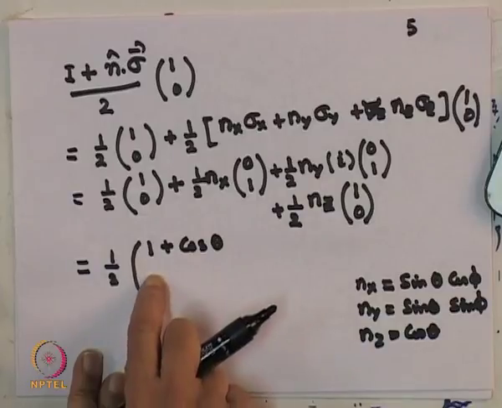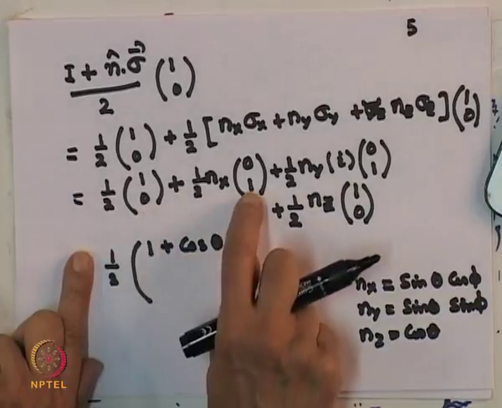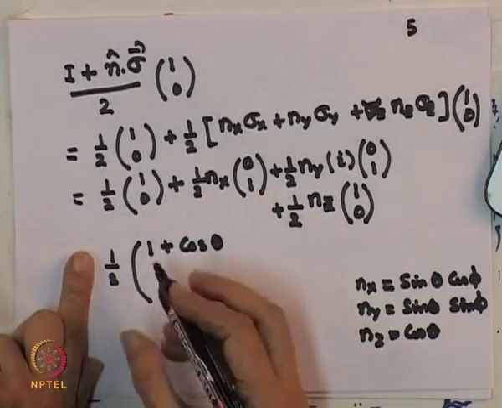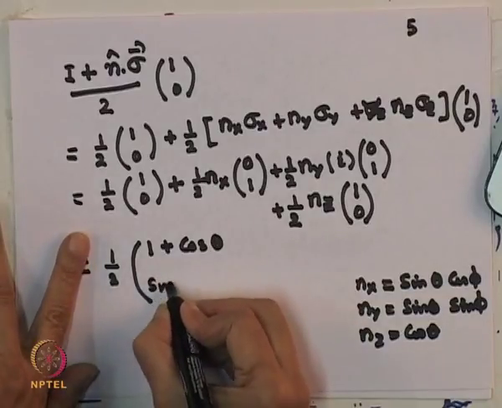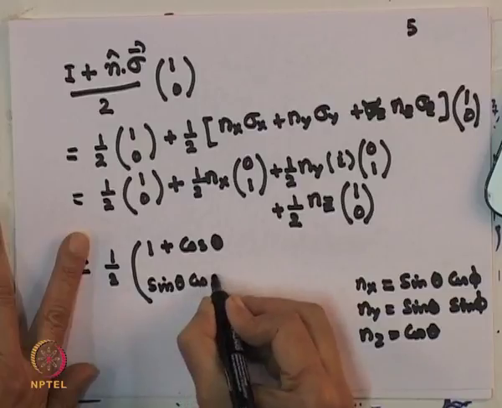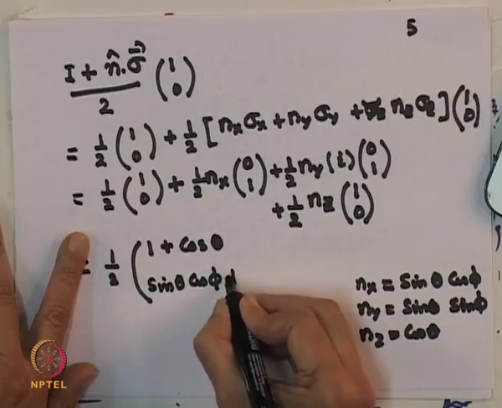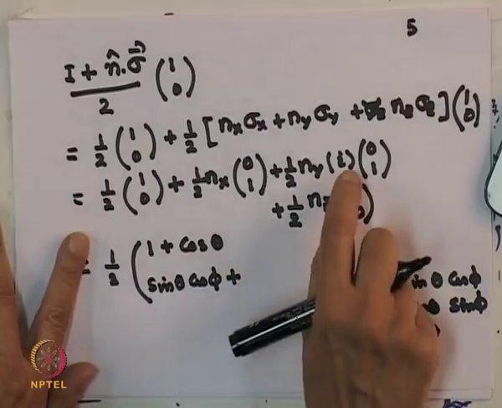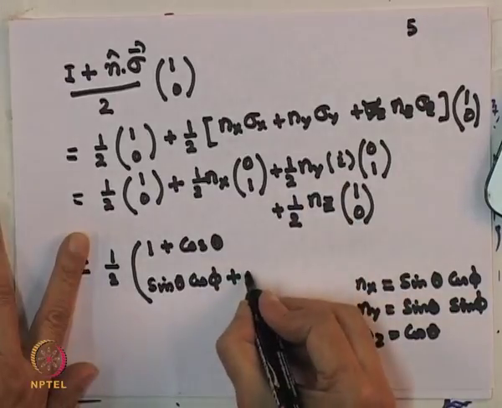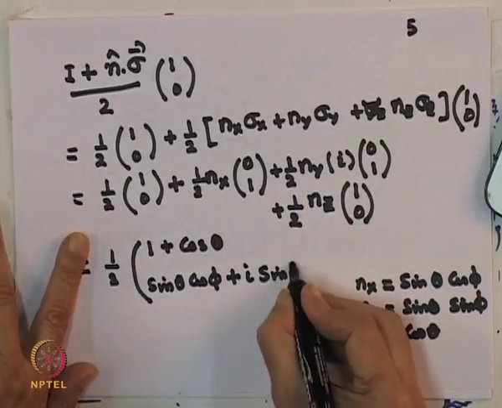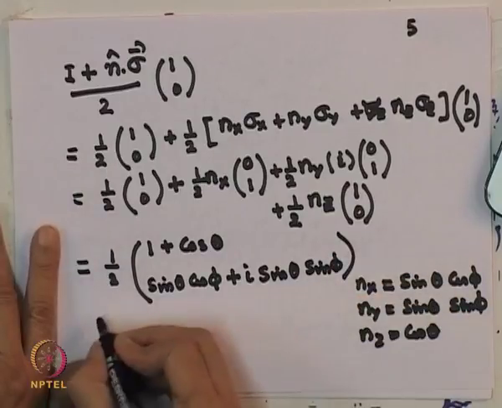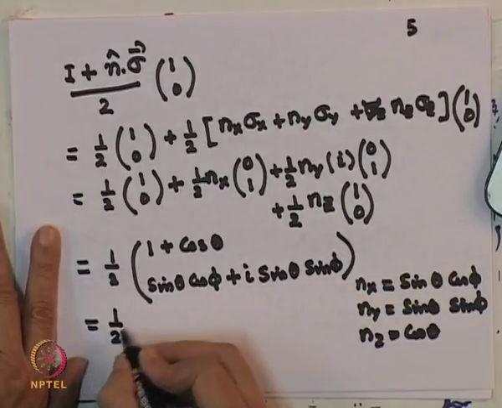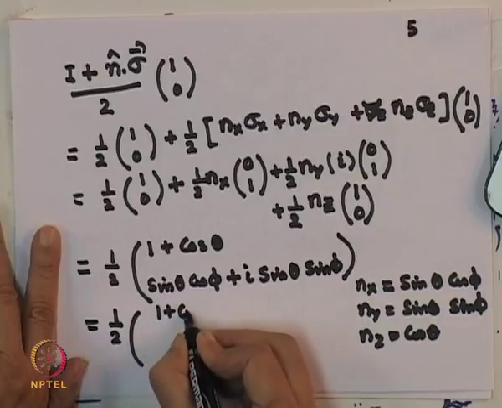The other element, there is nothing from here. There is an nx here, so let me write it as sin theta cos phi plus this is i times sin theta sin phi. But then this is equal to 1 plus cos theta.